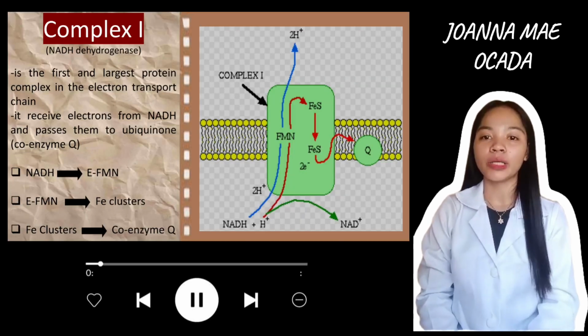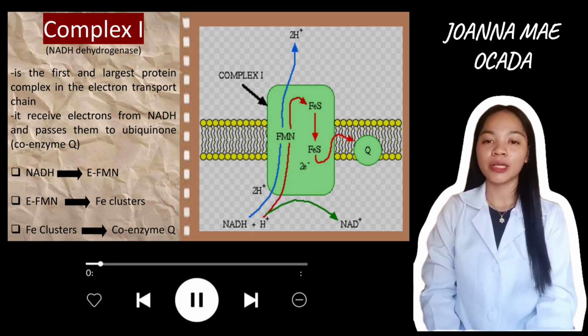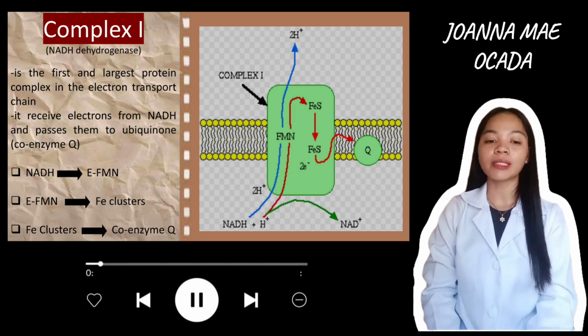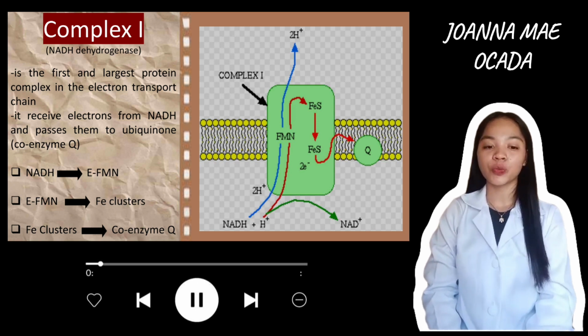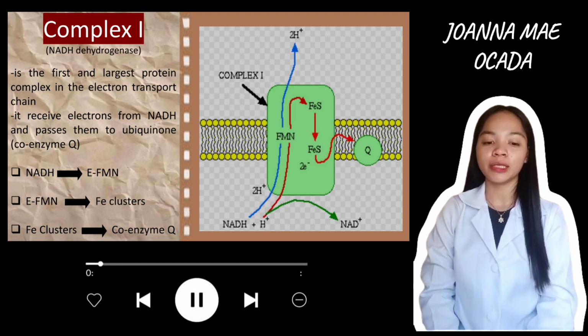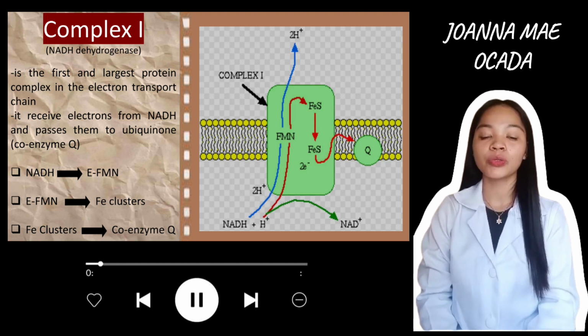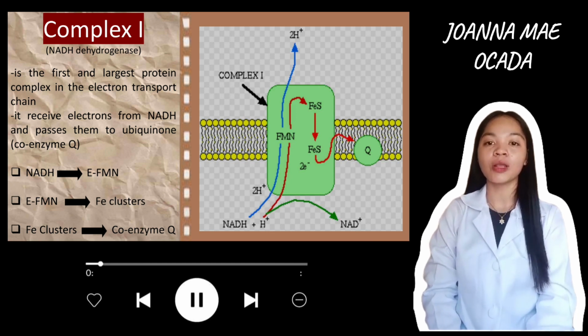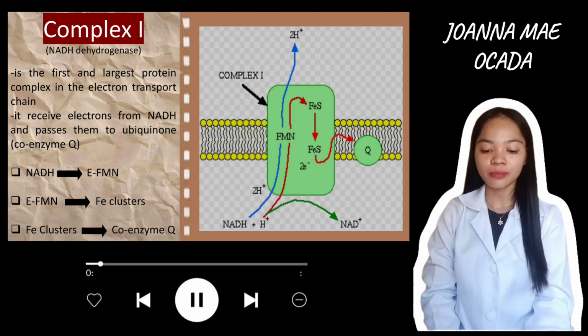And complex 1, or the NADH dehydrogenase, is the first and largest protein complex in the electron transport chain. It receives electrons from NADH and passes them to ubiquinone. Ubiquinone is a nutrient that the body needs in small amounts to function and stay healthy.